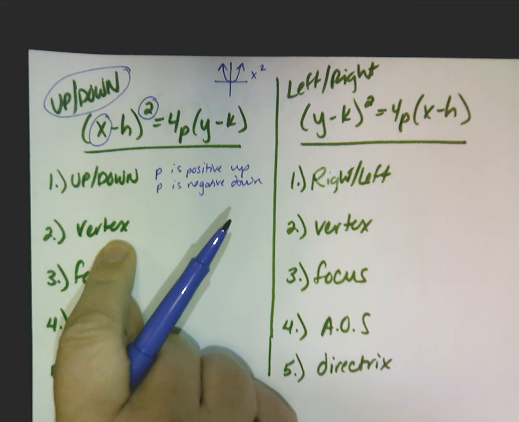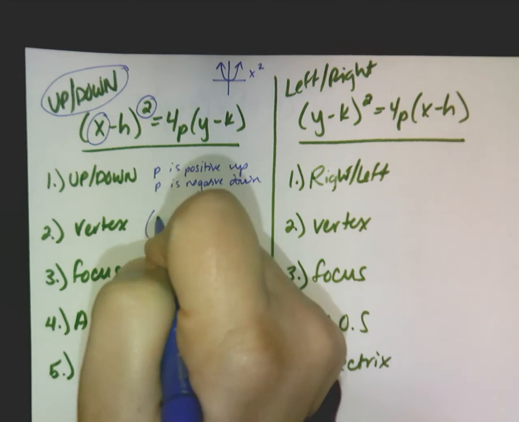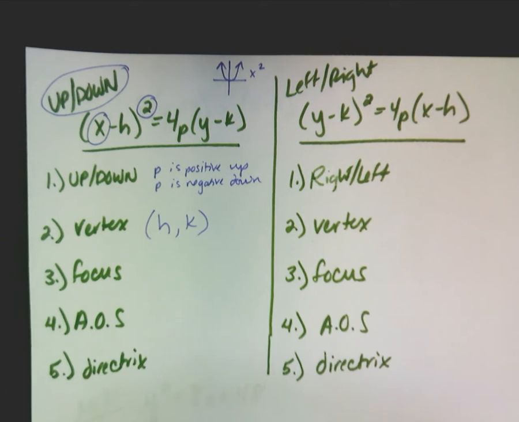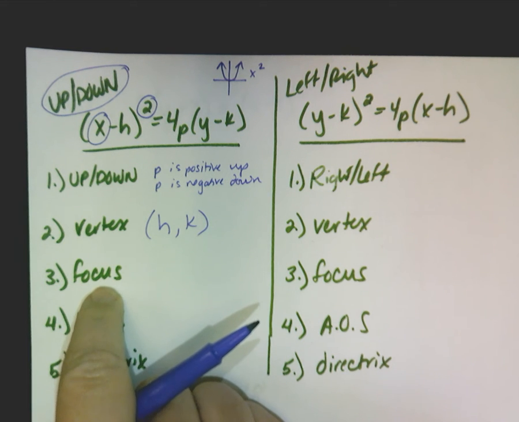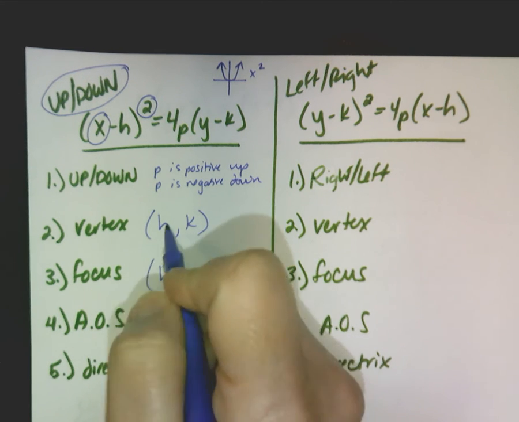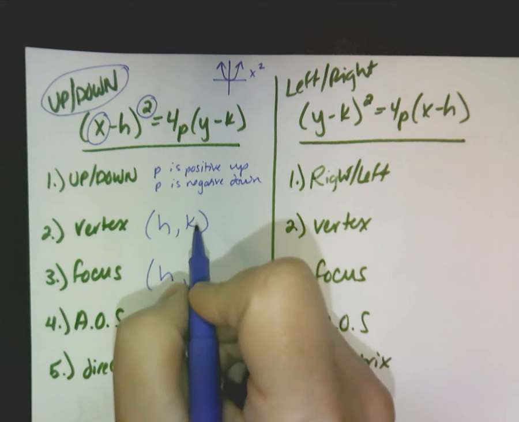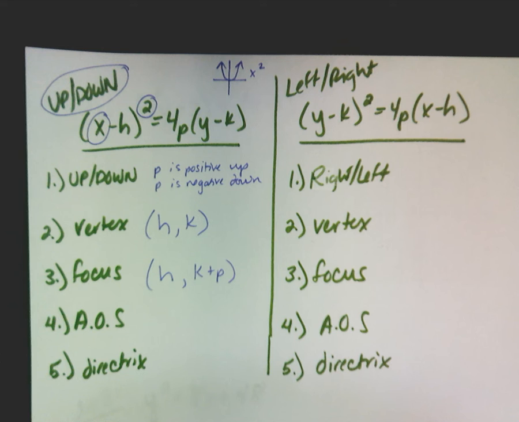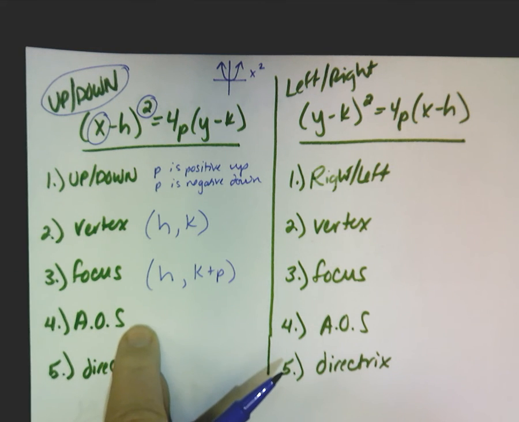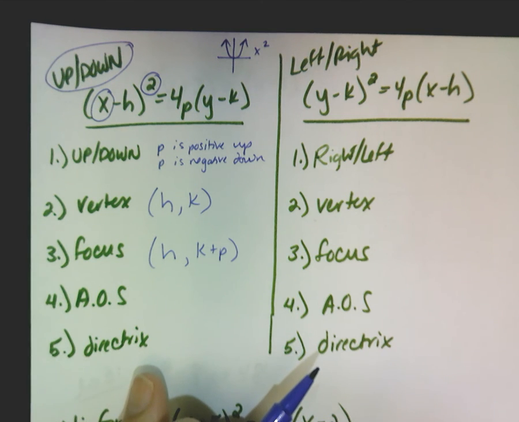The vertex of your parabola, H, K, always in alphabetical order. The focus of your parabola, well, it would be your H, and you would take your P, and since you're an up-down, you would add P to the K. The axis of symmetry is always written as a line. It's either x equals or y equals.